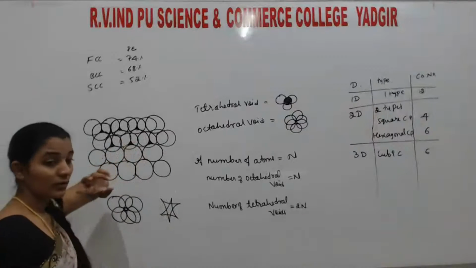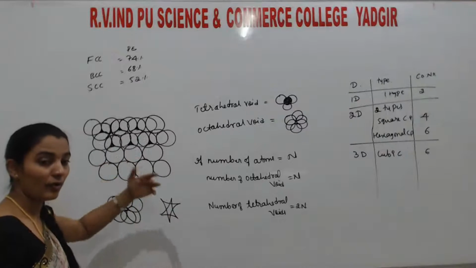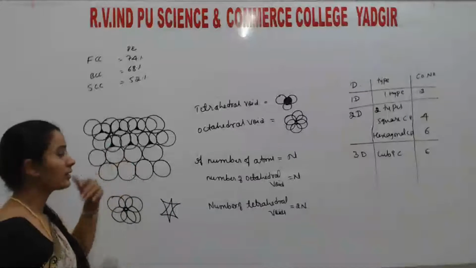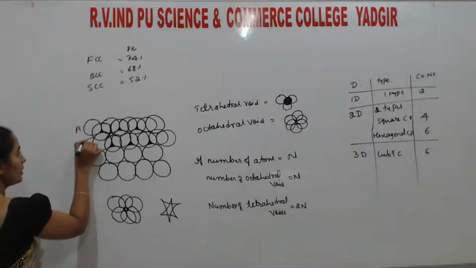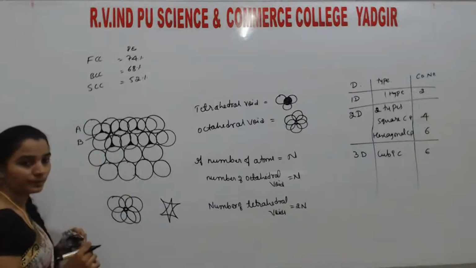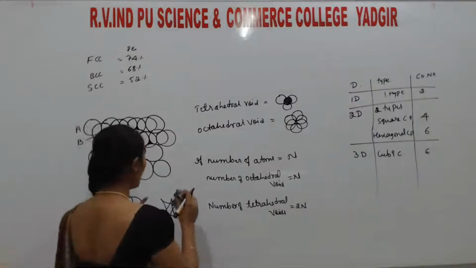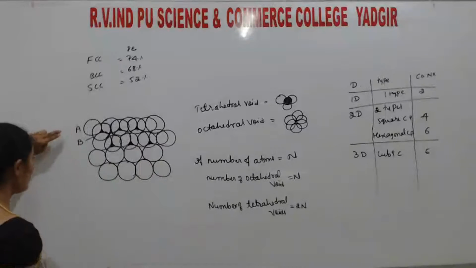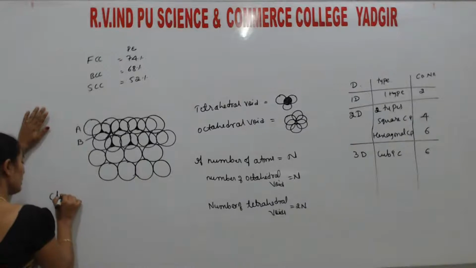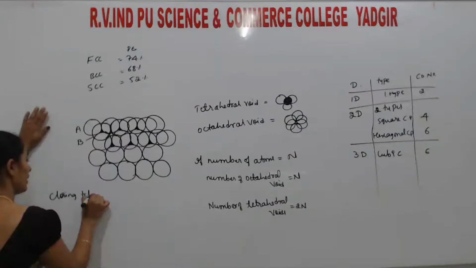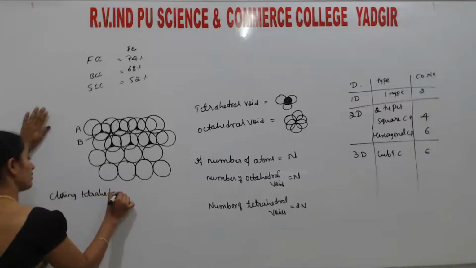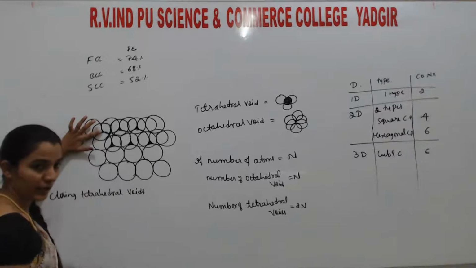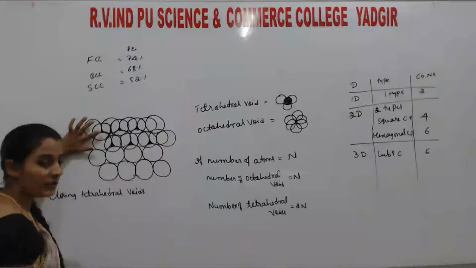Okay. So this is arranging the second layer over the first layer. Another layer is there, meaning placing the third layer over the first layer. Listen, this is the A type arrangement. This one is the B type arrangement. Okay. Next, in the arrangement of the third layer, 2 ways are there. So AB type arrangement, closing tetrahedral voids, means here the voids are created and those gaps are covered.